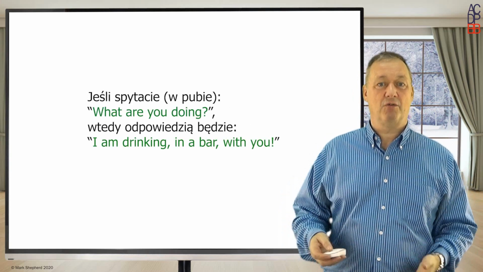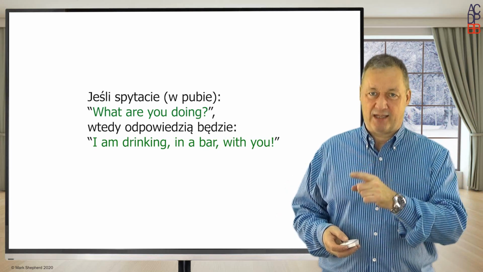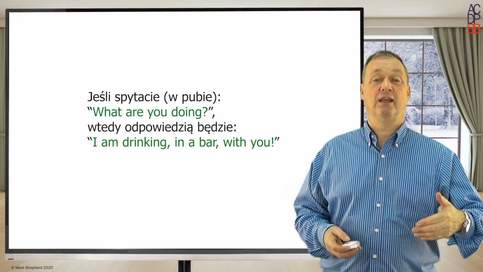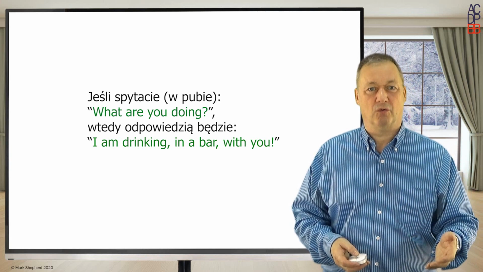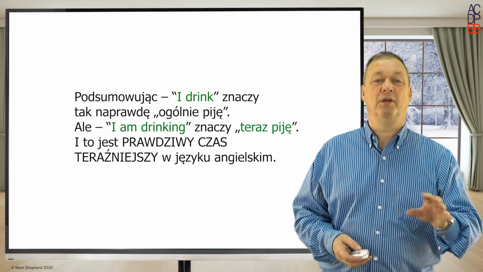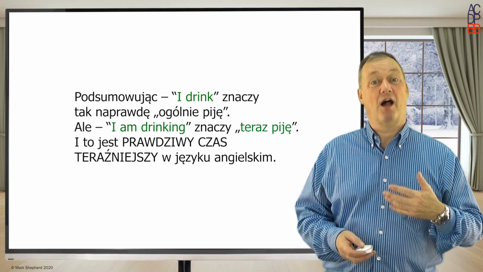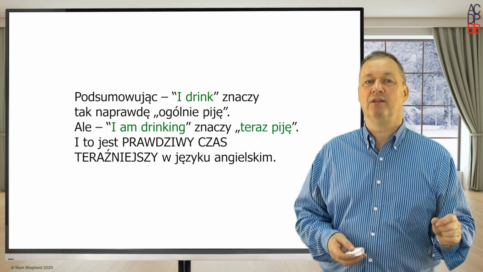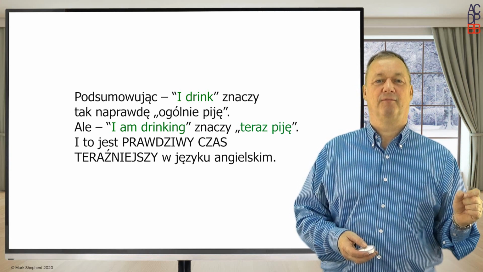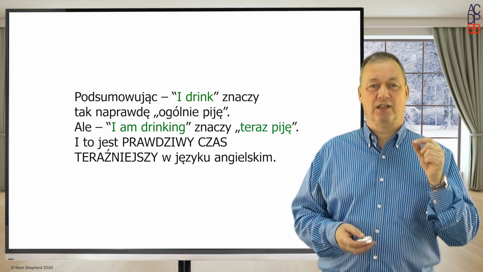So if I ask you in a bar, what are you doing? Then the answer is, I am drinking in a bar with you. So, I drink really means ogólnie piję. But I am drinking really means teraz piję. This is the real present tense in English.